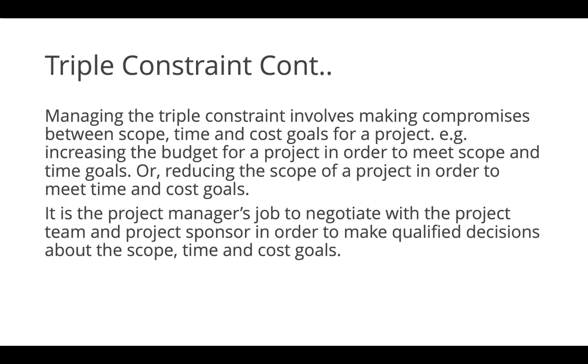For example, increasing the budget of the project in order to meet the scope and the time goals. Like I've told you, the cost is majorly determined by the features, or what we call the scope goals. And the scope goals will obviously affect the time goal.